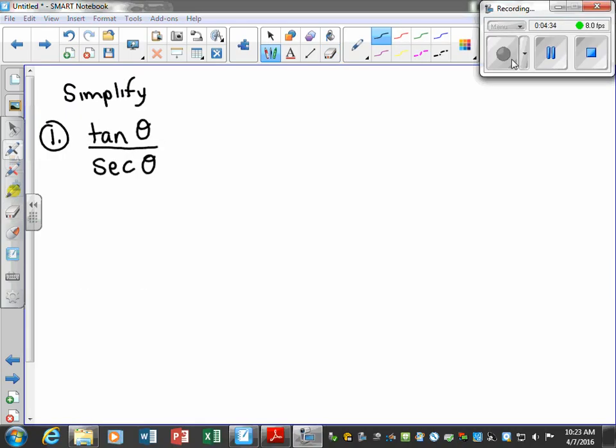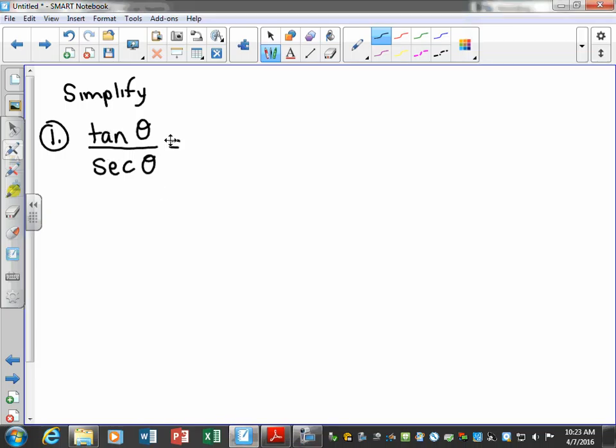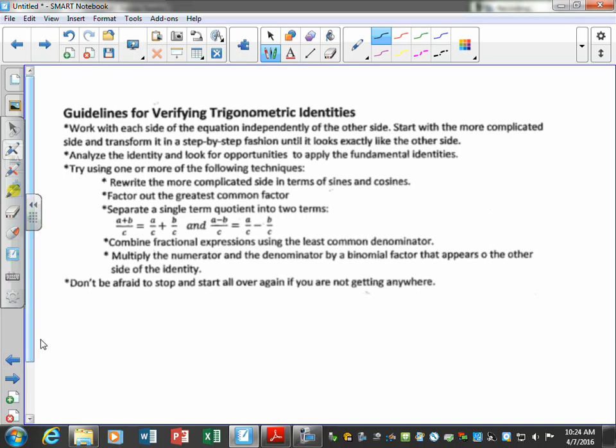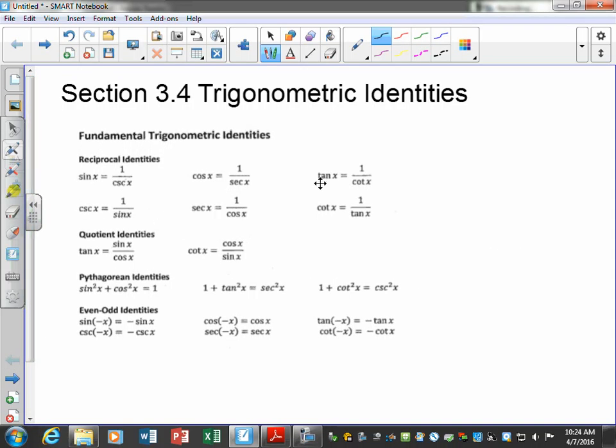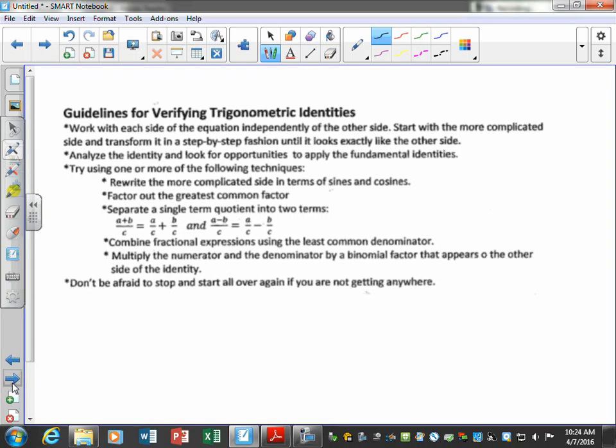Okay, the first example we're going to work with is just a simplify. We want to try to rewrite these in terms of sine and cosine if possible. So the first one, in the numerator, tangent theta, what can I rewrite as tangent theta? If you look back to your previous page, tangent theta is going to be your sine over your cosine right here.